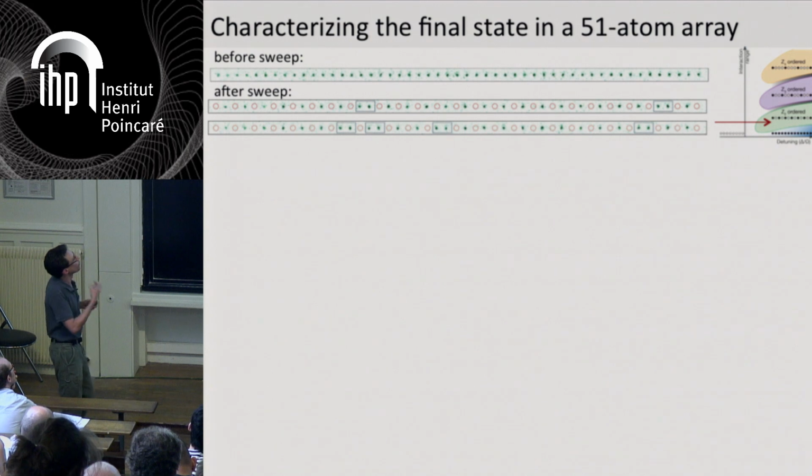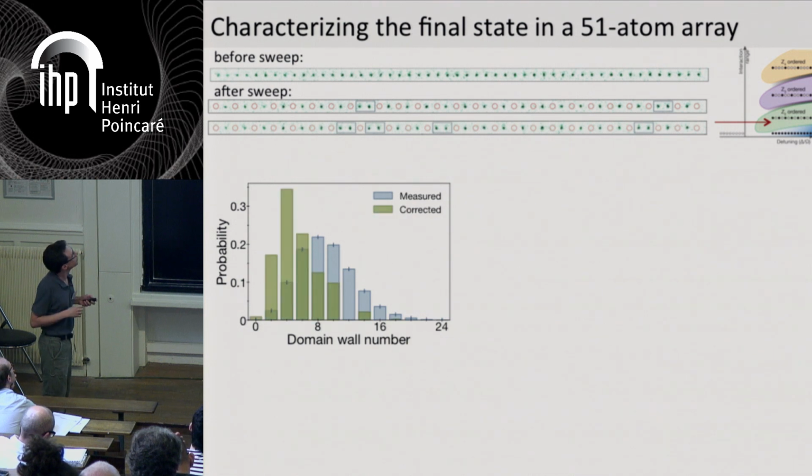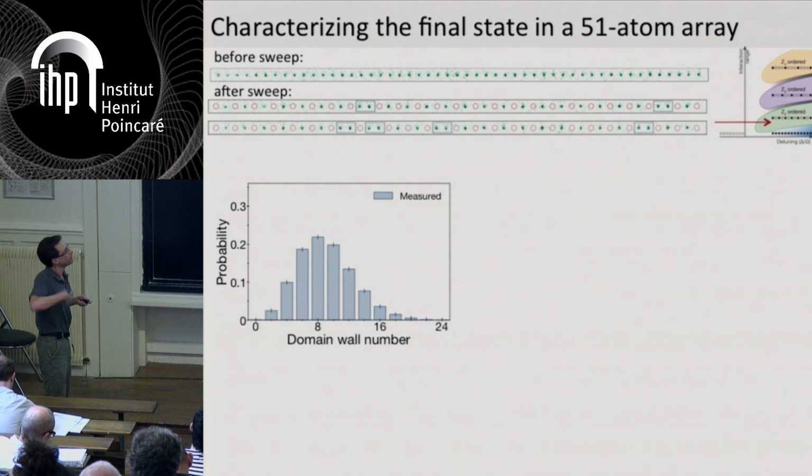All right, so now how good are we at preparing this state? To do this, we repeat the experiment many, many times, typically 10,000 times, and count for each instance how many domain walls you get. Ideally, you want 0. And then you can plot the histogram of how many domain walls you've gotten after performing the experiment 10,000 times.